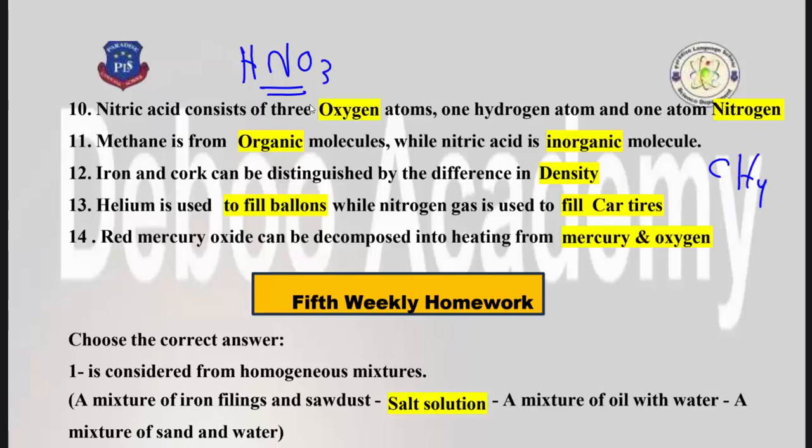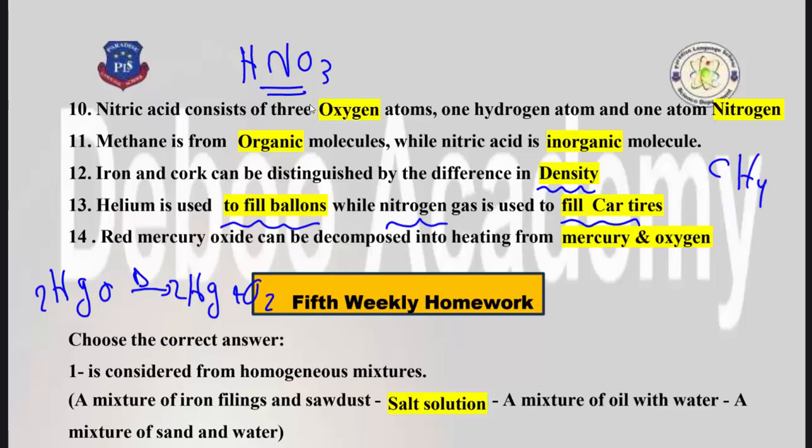Iron and cork can be distinguished by difference in density. Helium is used to fill balloons, while nitrogen gas is used to fill car tires. Red mercury oxide HgO, by heating, we obtain Hg mercury plus oxygen. So it's called thermal decomposition to get mercury and oxygen.